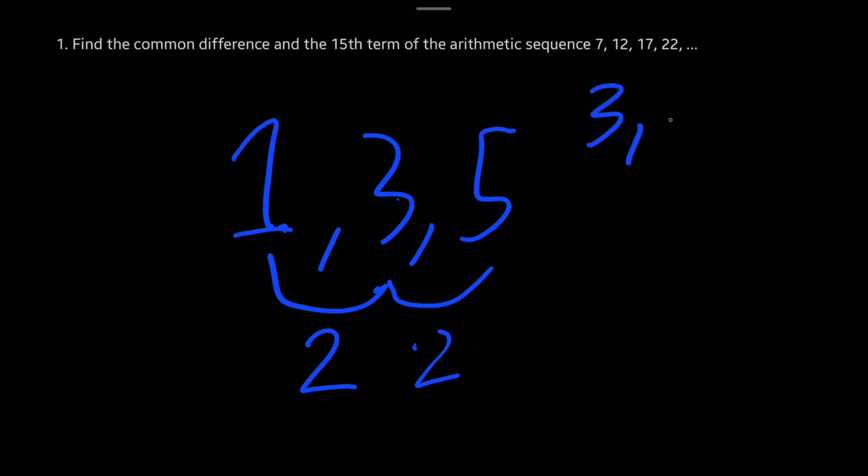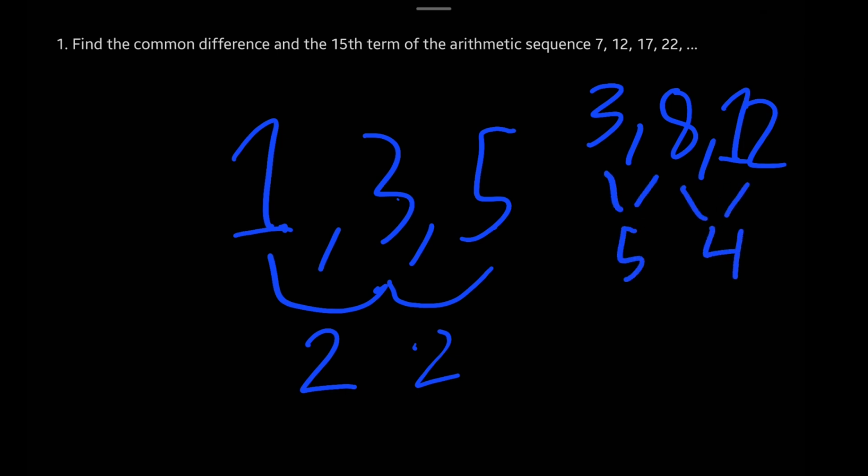This, however, let's say 3, 8, 12, is not an arithmetic sequence. Reason being, their difference, 8 minus 3 is 5, 12 minus 8 is 4, is not the same. Basically, an arithmetic sequence is when our common difference, or the difference between a term and the term before it, is the same for any number in our sequence.